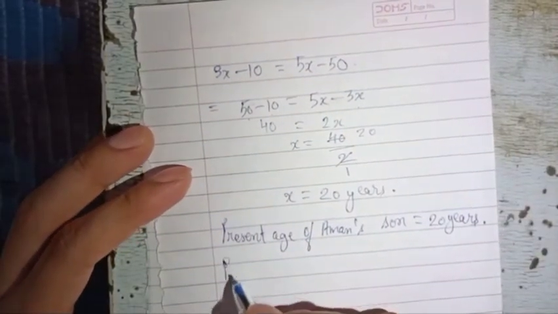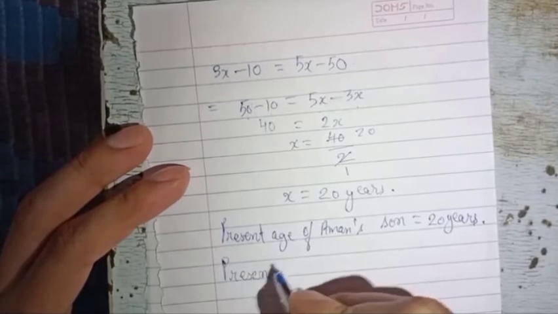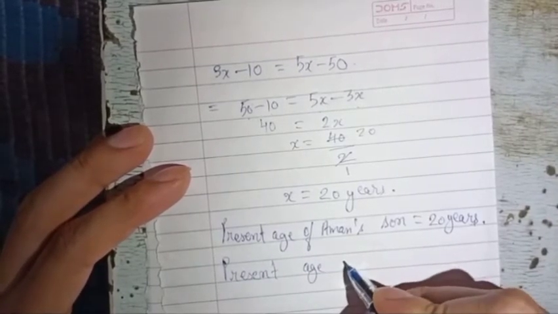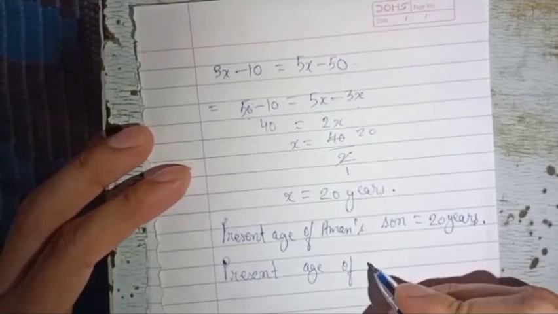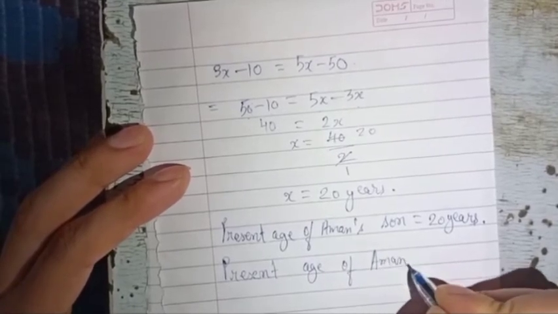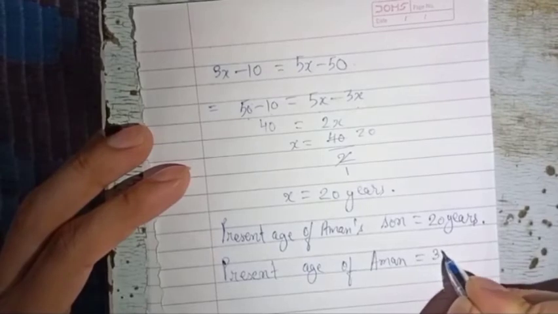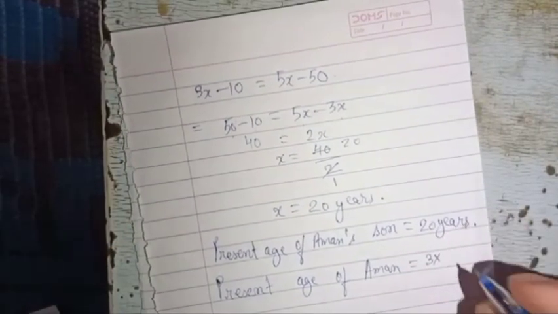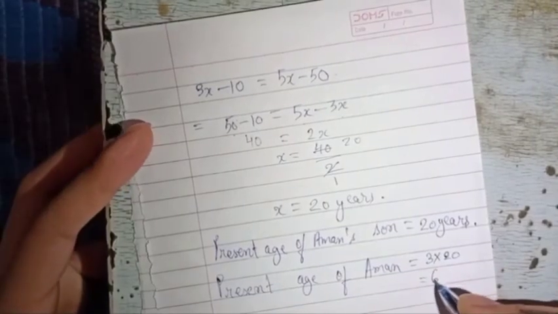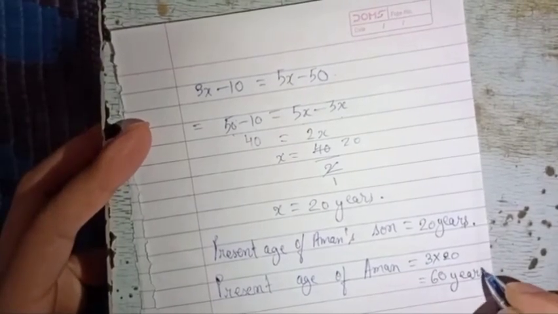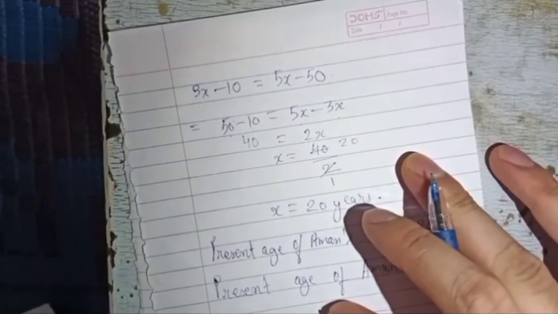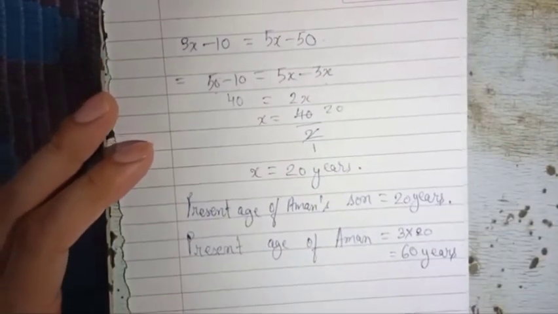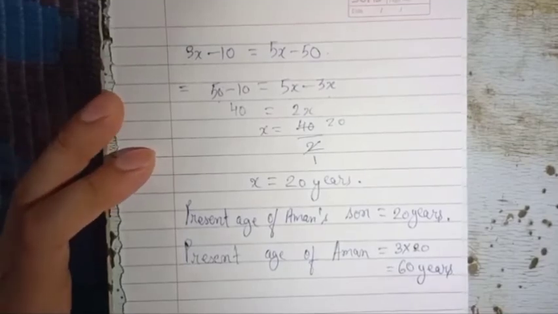So the present age of Aman will be equal to 3 multiply by 20, that is 60 years. So this is the required answer.